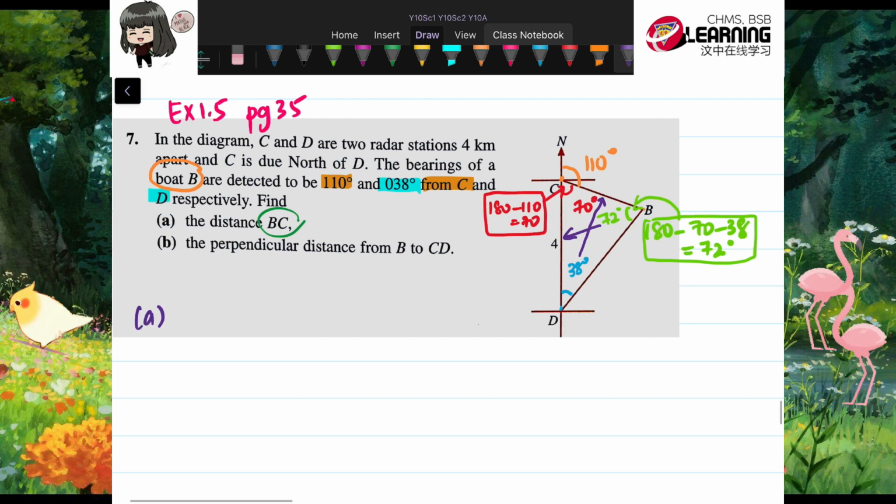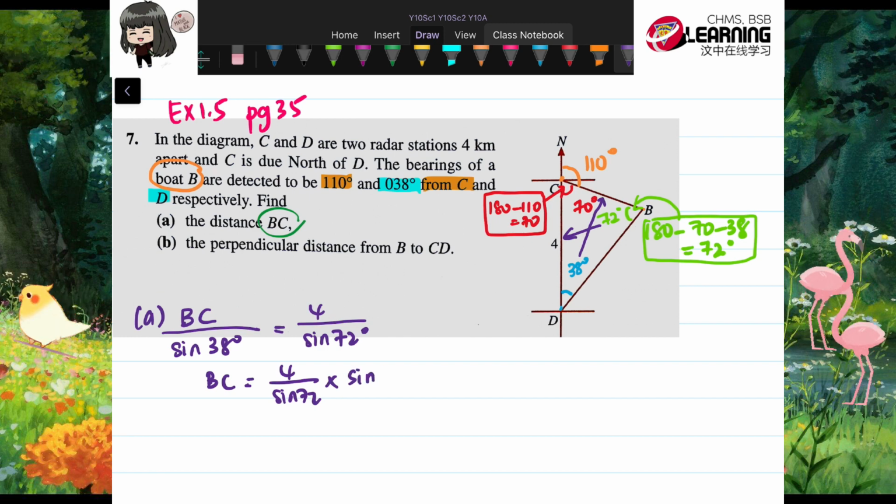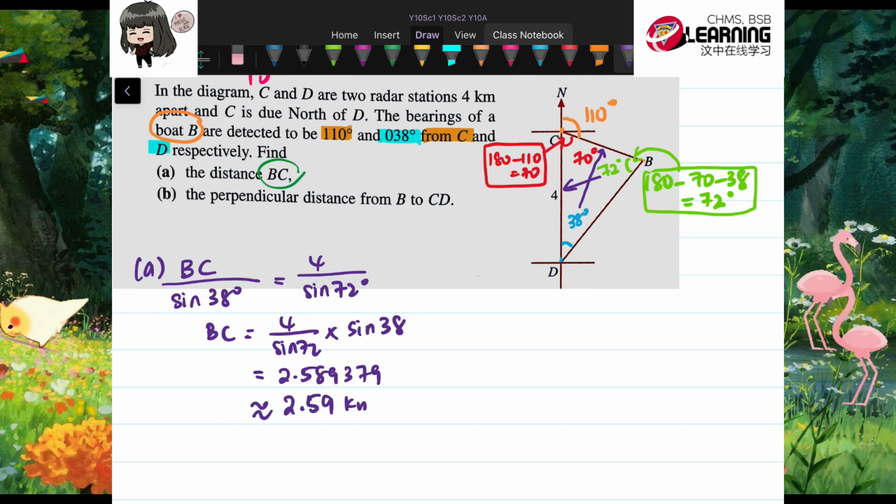So part A, we use sine rule, we're finding BC. The length of BC over opposite angle, sine 38, equals 4 over sine 72 degree. So BC will be 4 over sine 72 times sine 38, and we will get 2.589379. We round off to 3 sig fig is 2.59 kilometer. That's the answer for A.